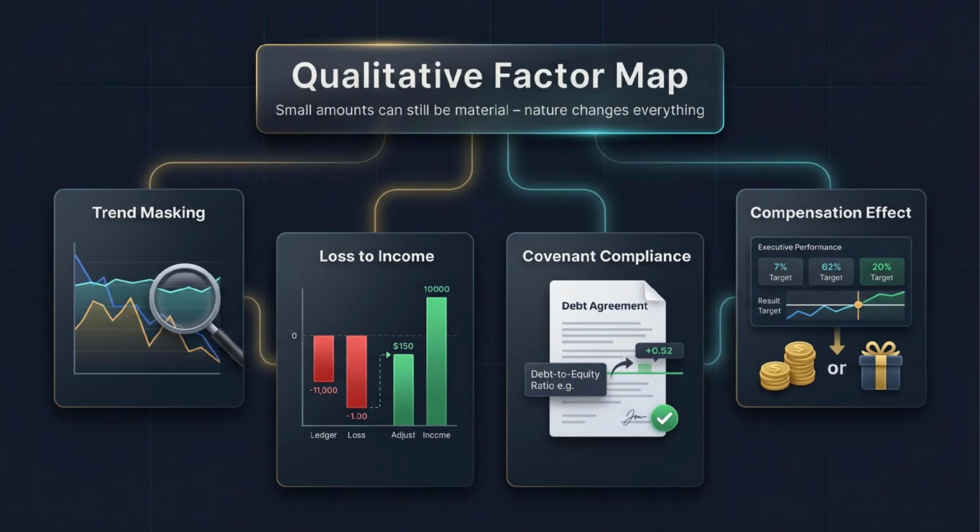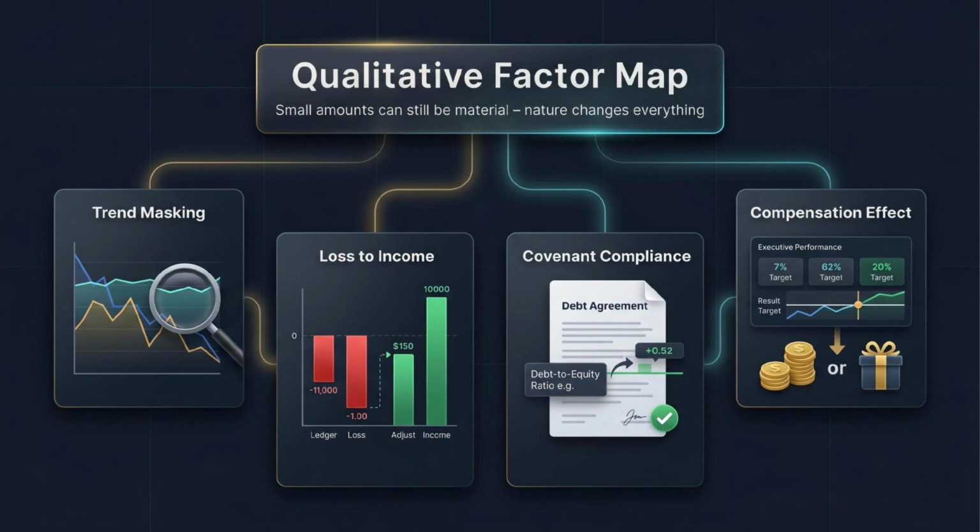Now we move to qualitative factors. A small misstatement can still be material because nature changes everything. Four common qualitative factors are trend masking, loss to income, covenant compliance, and compensation effect. These factors matter because financial statements are not read as isolated numbers.